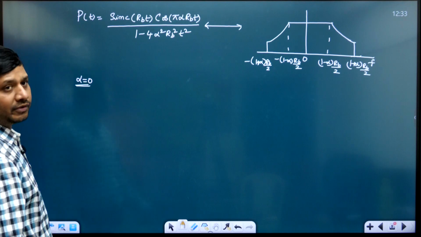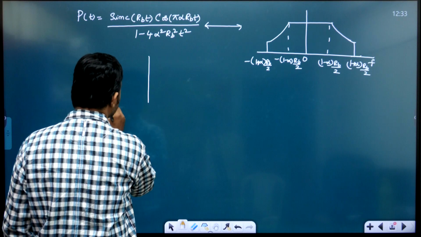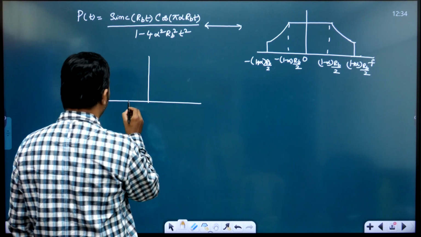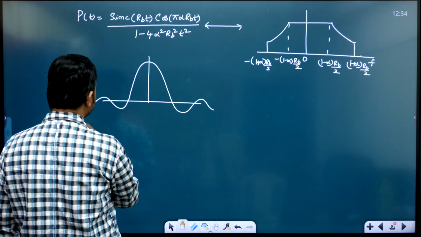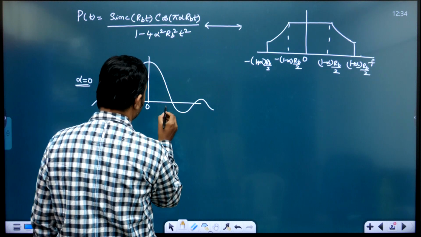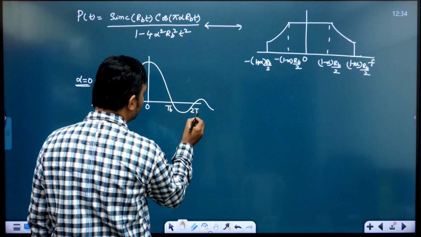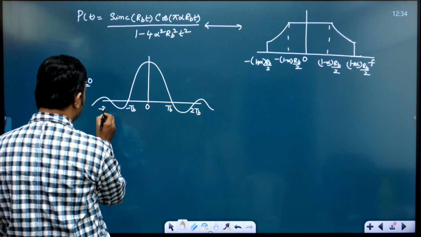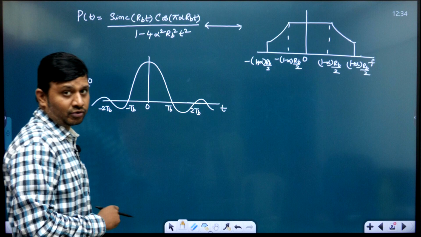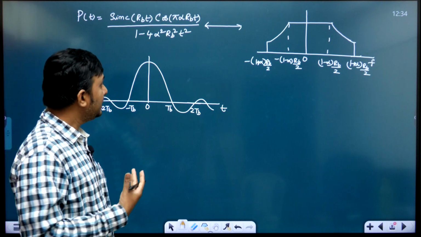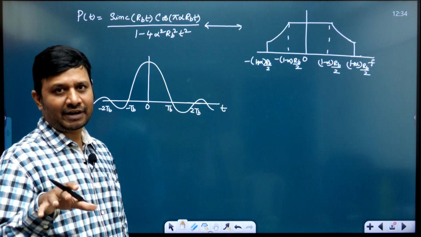If alpha is equal to 0, I am going to get sinc of RB into t, which looks like this. The sinc pulse is a special case of the raised cosine pulse, where the roll-off factor alpha is 0.